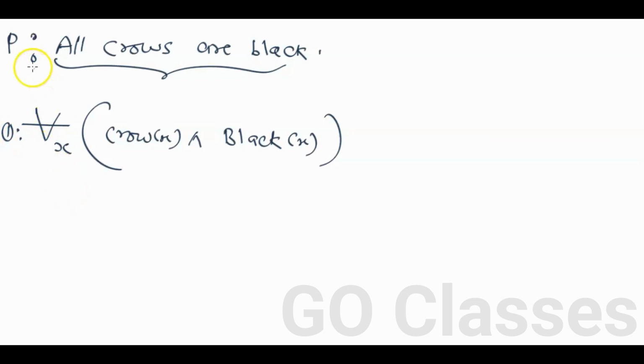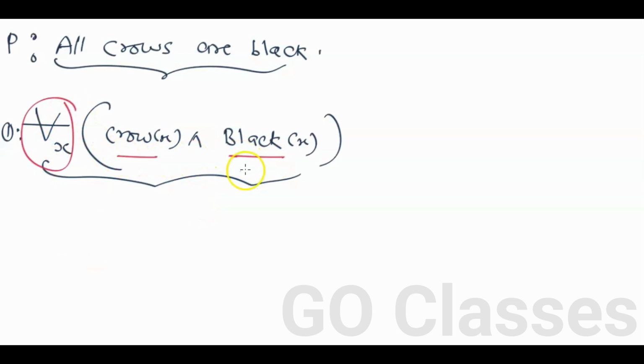Now we want to check whether this first order logic expression is a correct translation, equivalent to this English statement or not. You can notice what this is saying: everything in the domain is a crow and it is black.